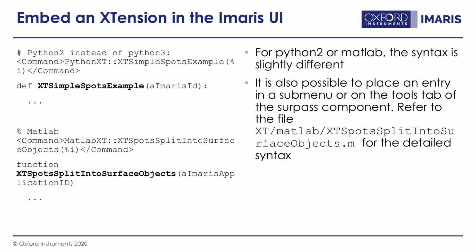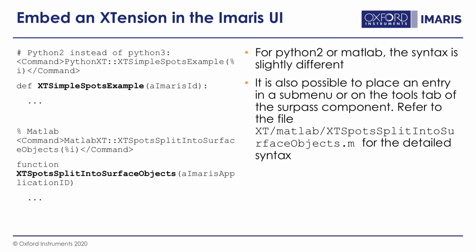It is also possible to place an extension in the Surpass Component Tools tab, and you can also put it into sub-menu entries. I will not go into the details here.